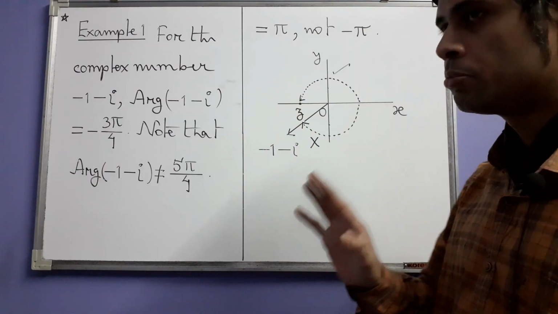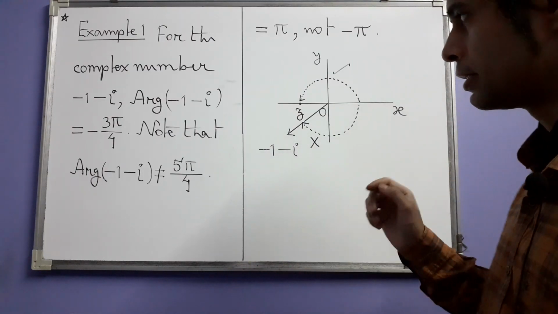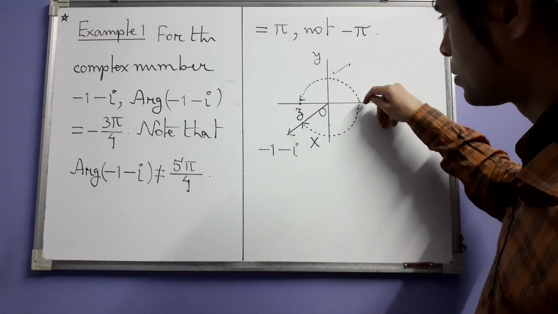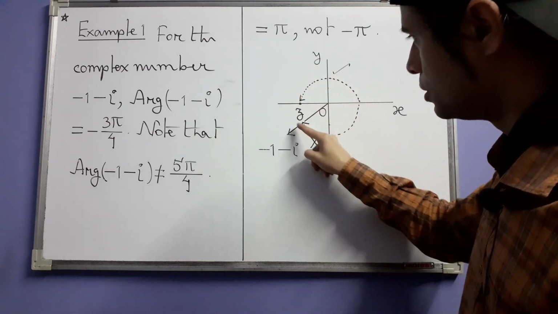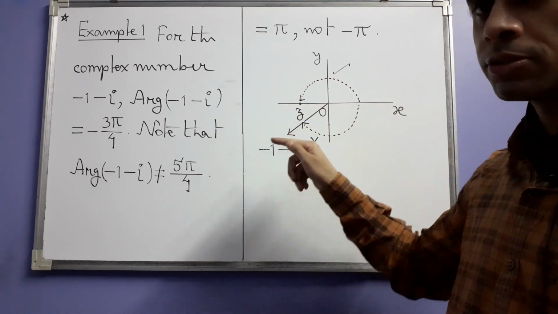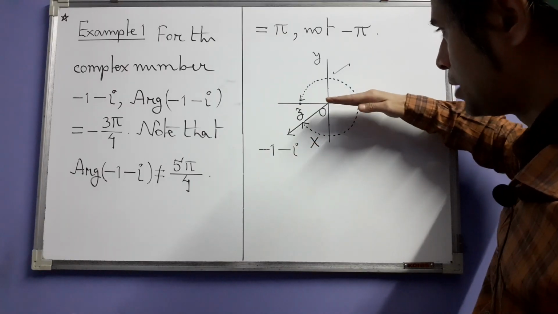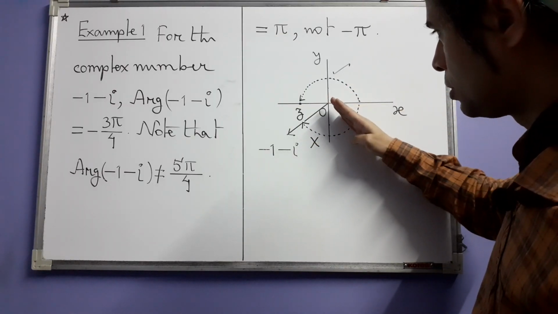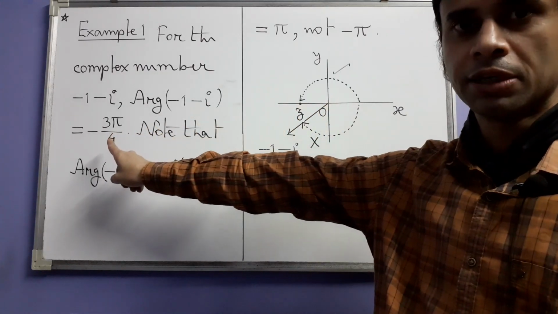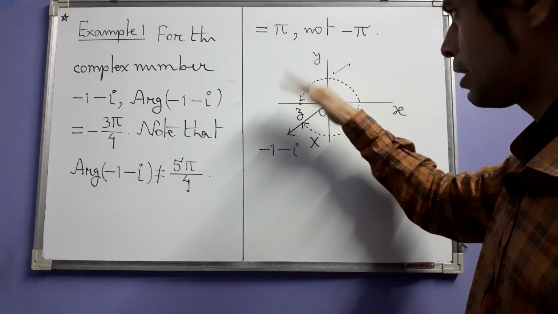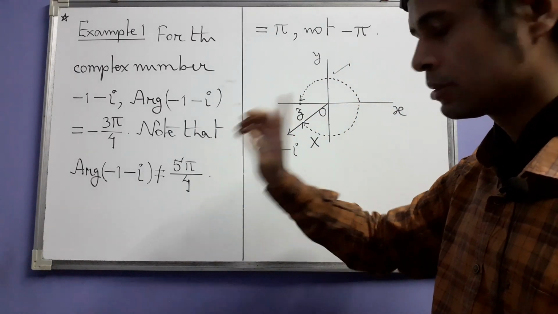Let's see the two possible rotations here, which are the smallest that get us to this number. One of them is this one and the other one is this one. This corresponds to a negative angle because it's clockwise rotation. By what angle? Pi over 4, another pi over 4, another pi over 4. So minus 3 pi over 4. But if you take that other route, an anticlockwise rotation, that will give you this positive angle.